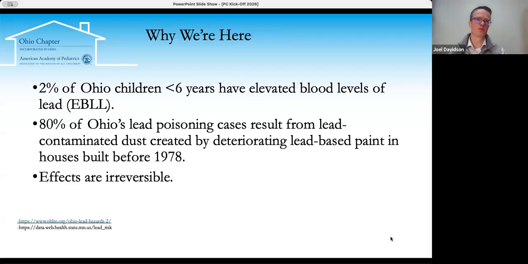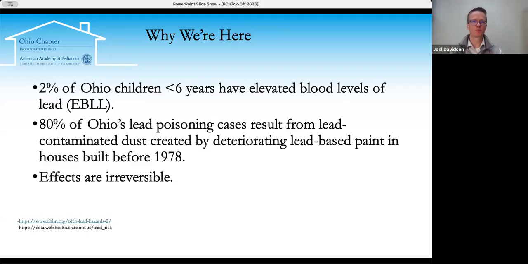So why are we here? Why are we all talking about childhood lead poisoning, exposure of kids to this heavy metal of lead? 2% of Ohio's children less than 6 years old have elevated blood lead levels, and 80% of those children who are poisoned by lead are contaminated through lead-based paint in houses that are built before 1978.